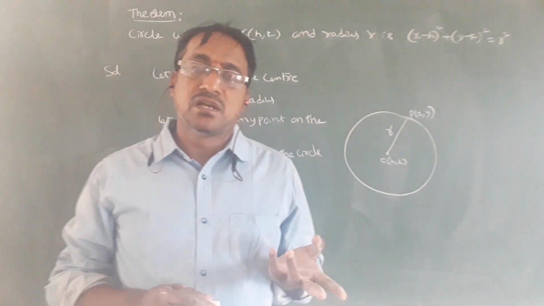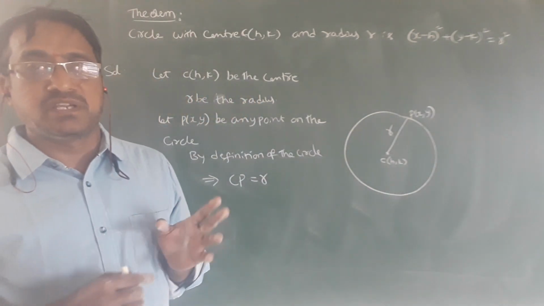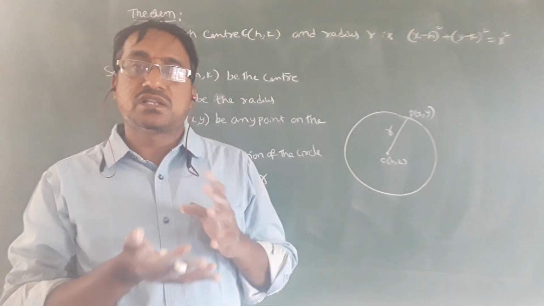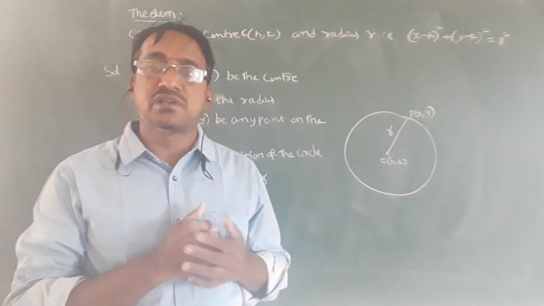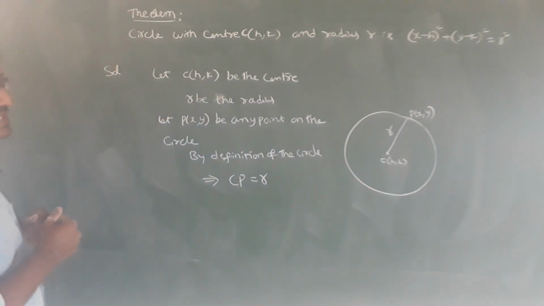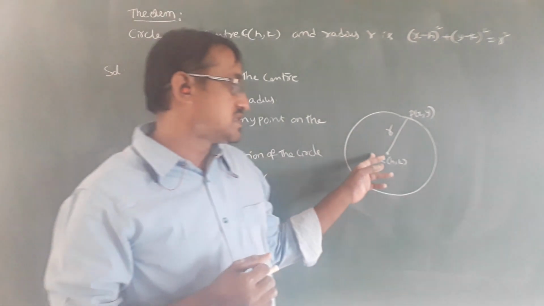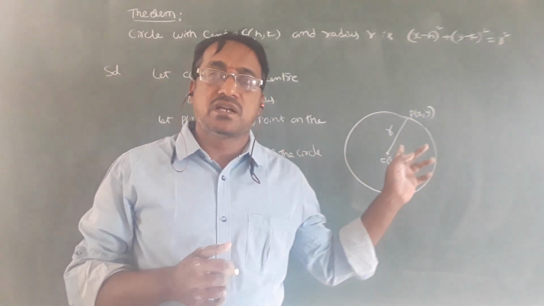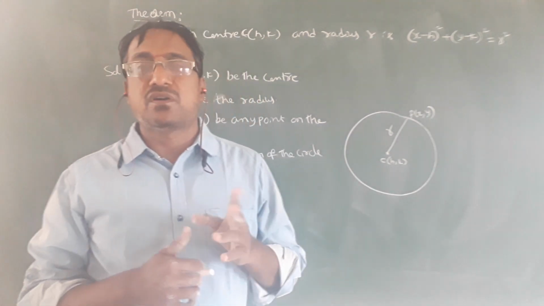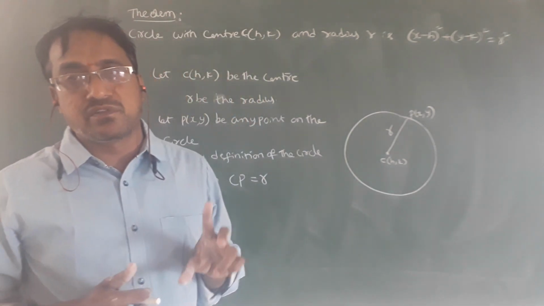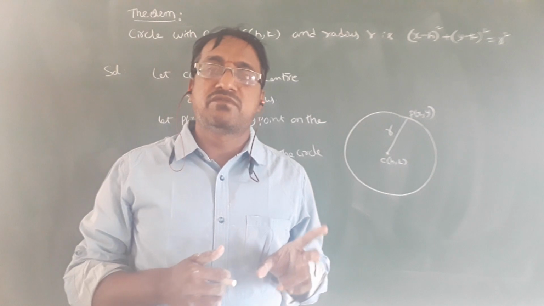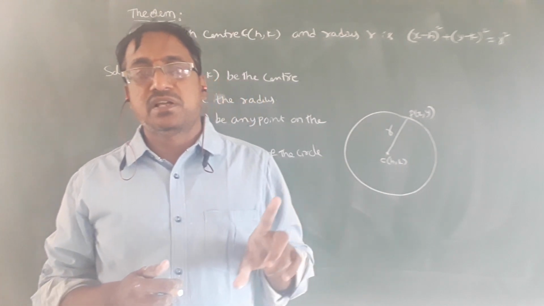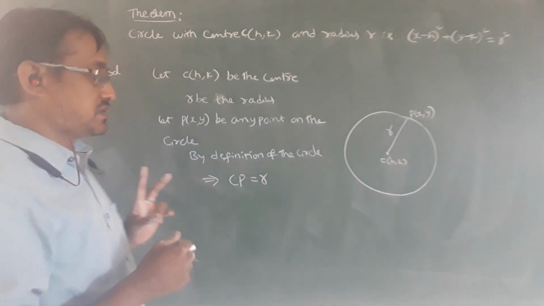CP equal to r is a geometric condition. You need to convert that geometric condition into an algebraic condition. Now what is CP? It is the distance between the center and the point, which are (h, k) and P(x, y). Now you know how to find the distance between two points. Distance between two points is root over (x2 minus x1) whole square plus (y2 minus y1) whole square.